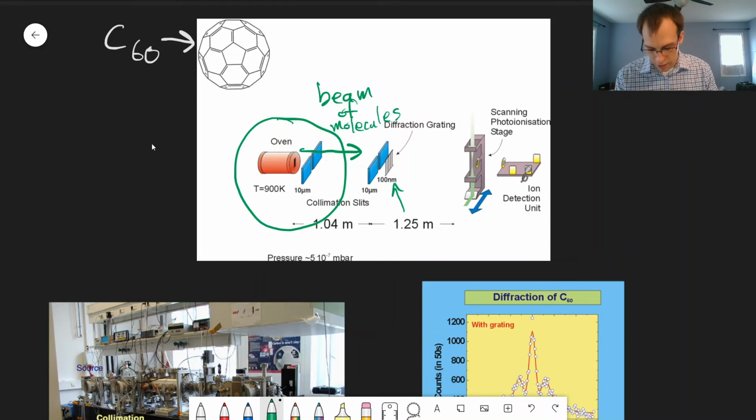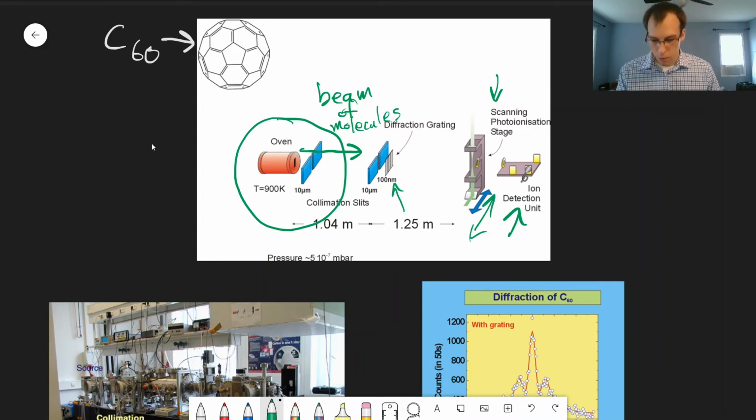And then at the end, they have a way of detecting the C60. They use photoionization. They send basically a laser at it to kick off electrons, turn it into an ion, and then detect the ions back here. And they can move this photoionization stage around to observe how many C60 molecules they are observing in different areas of space. You can move left and right, up and down, to observe the pattern here. Or I guess in this case, just left and right.